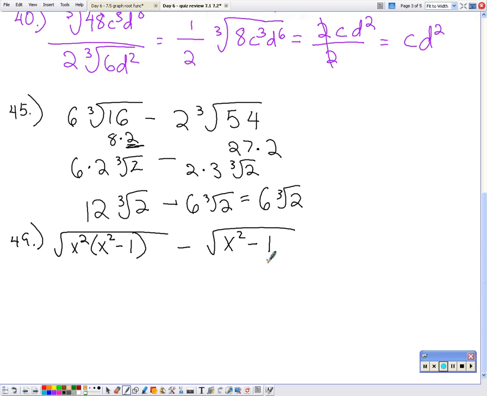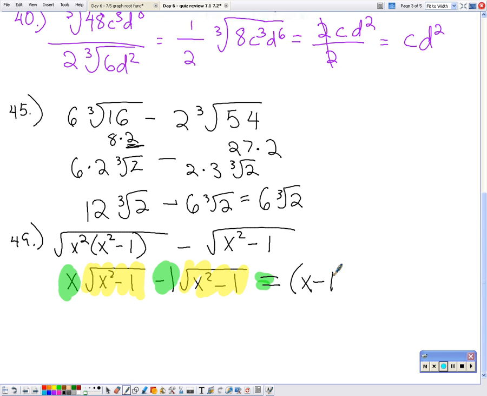I look at 49, and I see I have this x squared under the square root, and the square root of x squared is just x, so it comes out. And now I have like radicals. Now this is a little weird. These are my like radicals. These are my coefficients. I can't really add my coefficients together, so what I'm going to do is just group them as x minus 1 times the square root of x squared minus 1.